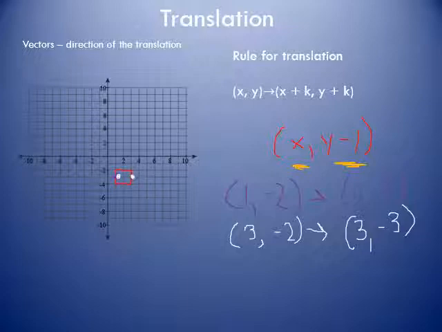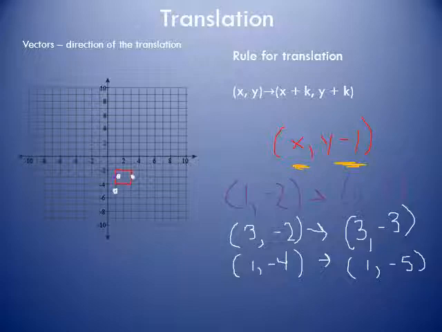Then I could continue on with the other two vertices. The bottom left vertex is at 1, negative 4. My rule says leave the x the same and subtract 1 from the y, and negative 4 minus 1 is negative 5.